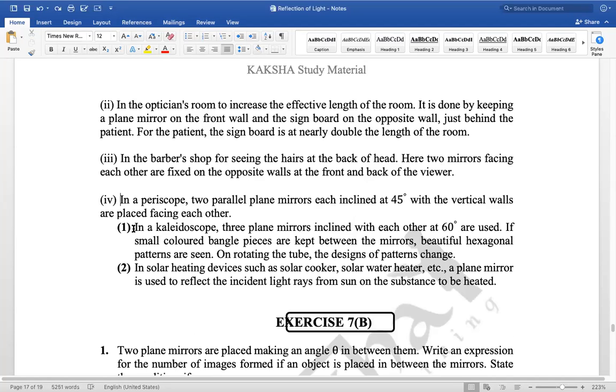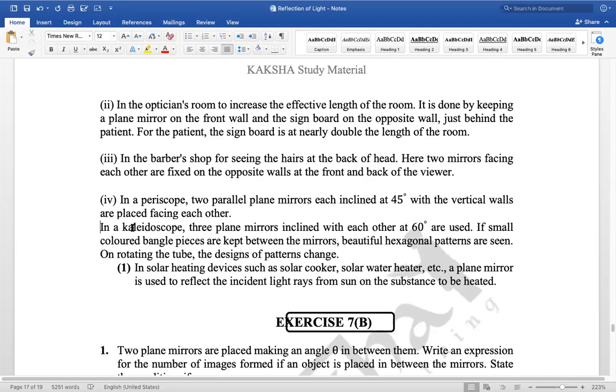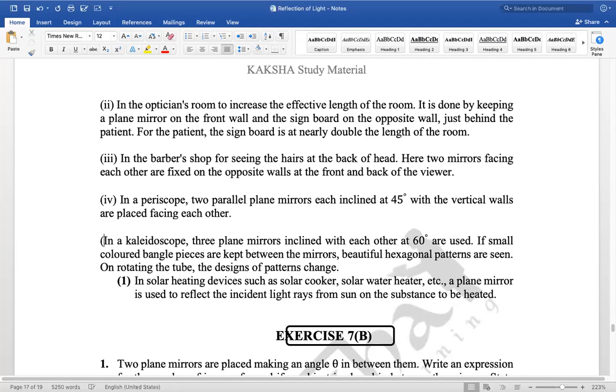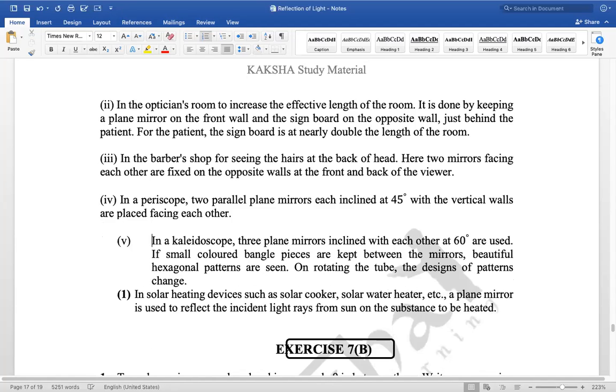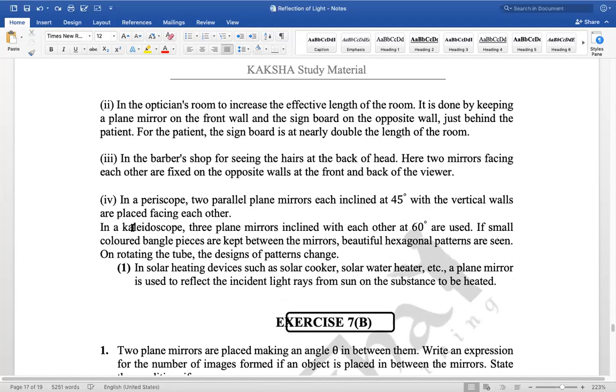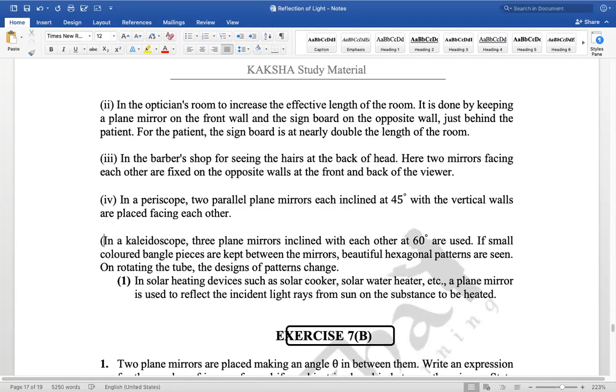Now, in a kaleidoscope, three plane mirrors inclined to each other at 60 degrees are used.